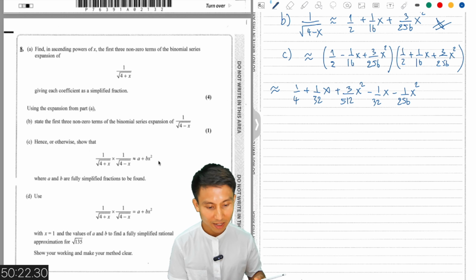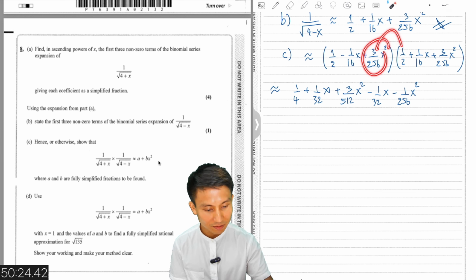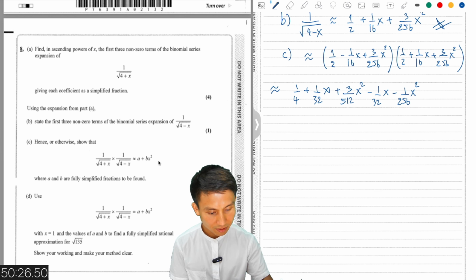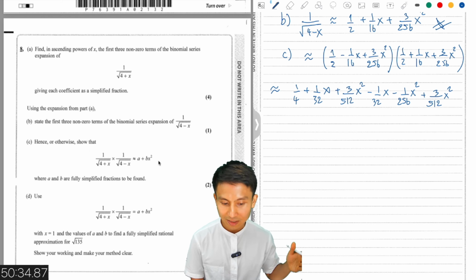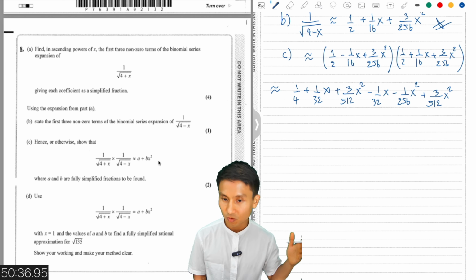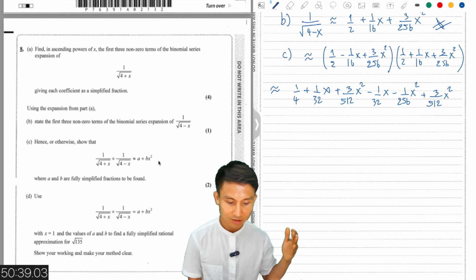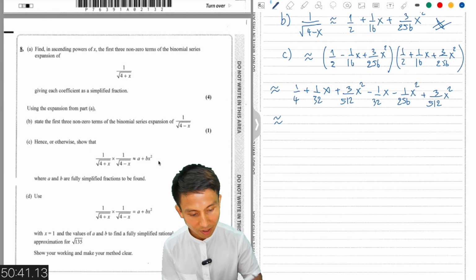So we're going to ignore that. Now let's do the third term times the first term. So we have plus 3 over 512 x squared as well. The third term times the second term and the third times the third will be ignored because it's more than degree 2.